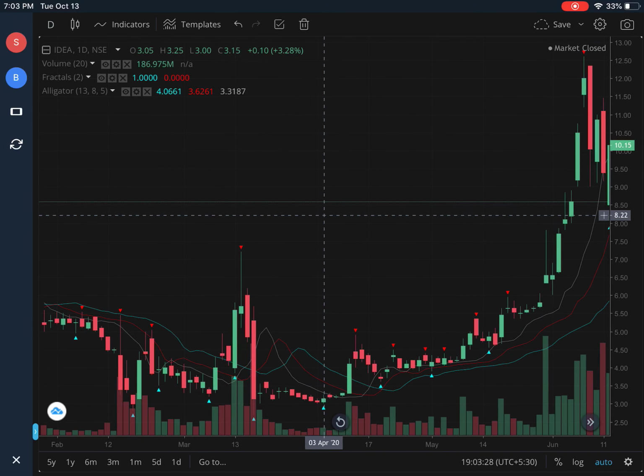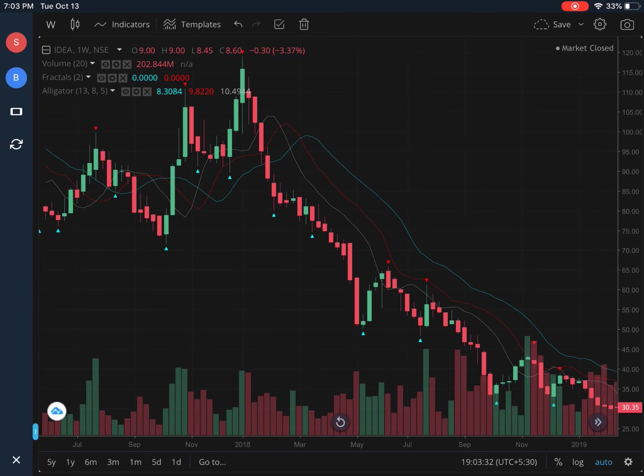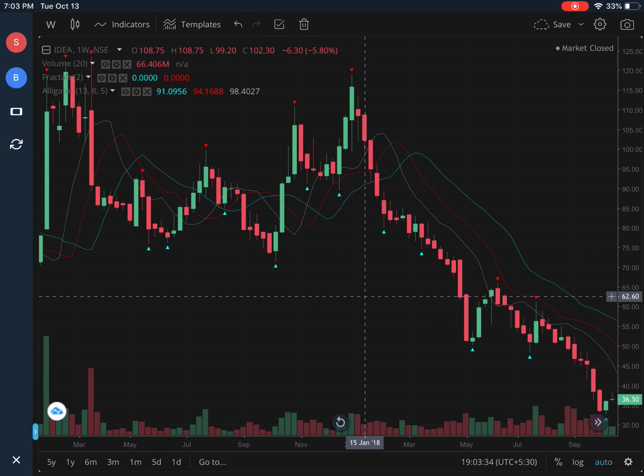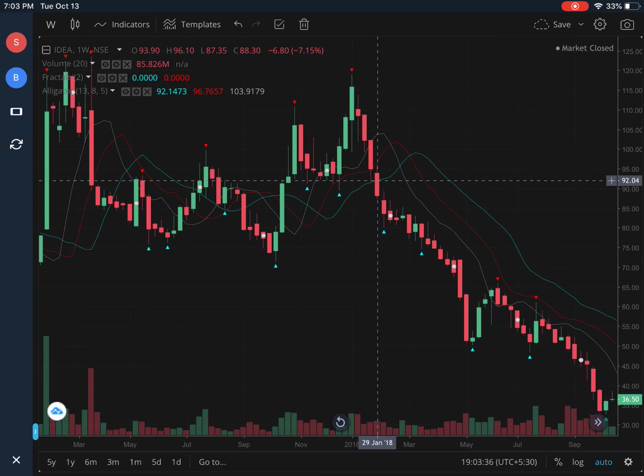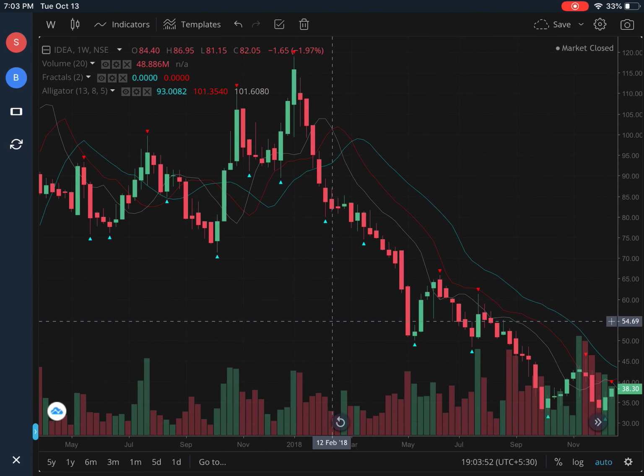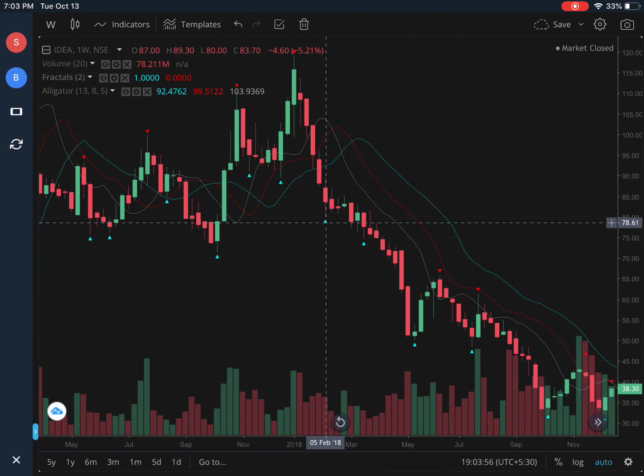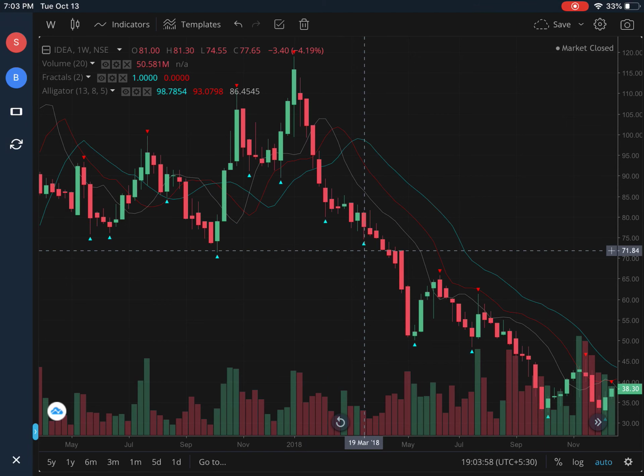Now same Idea I can show you on a weekly chart, how it fell from 100 rupees. Now here you can see that on 29th January 2018, it was around 92, 95, 90 rupees, and it closed below the three lines of the alligator, and then it started to fall. And every time the down fractal was violated, you could have added position.